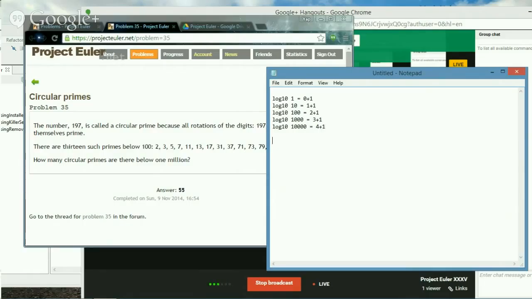For this number, if we use log 10 on it, the value would range between 2 and 3, as you can see from this table. But in fact, to get the number of digits, as I said earlier, you have to add 1. So we just add 1.